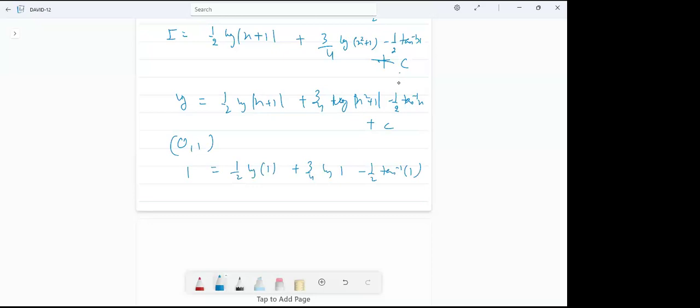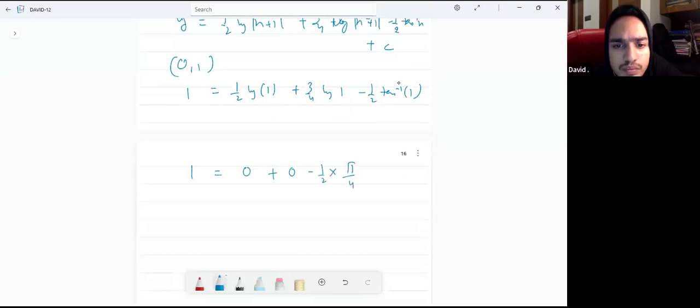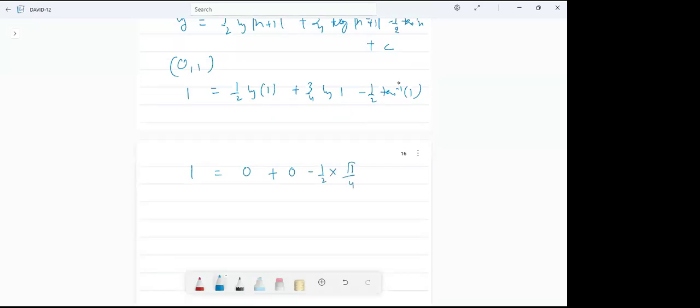Log 1 is 0, so this is 0, this is also 0, and this is minus half into tan inverse 1, which is pi over 4, plus c. So c is 1 plus pi over 8. Put the value of c and get the result.